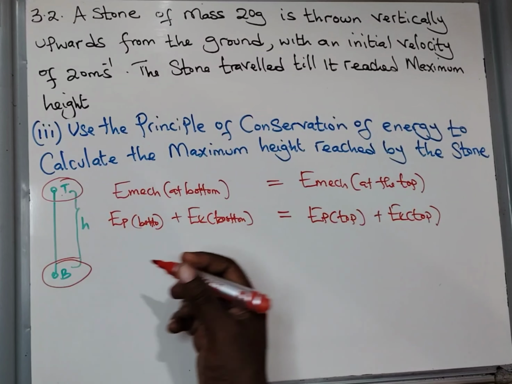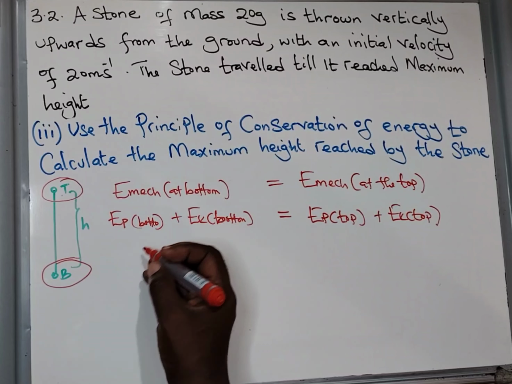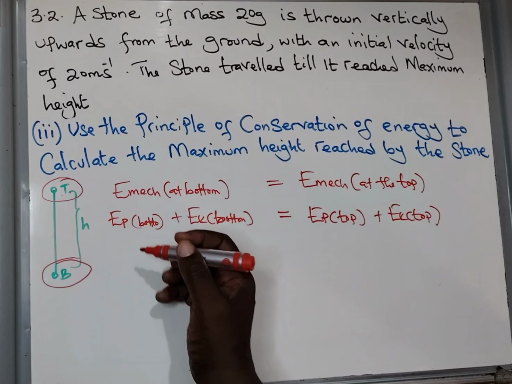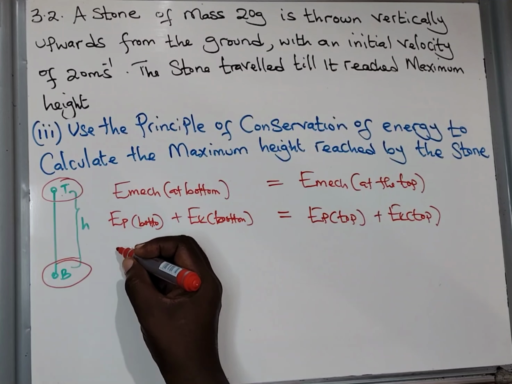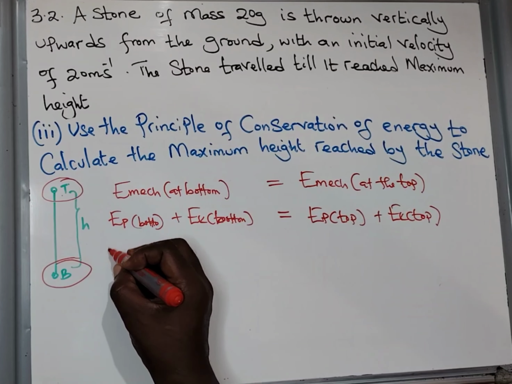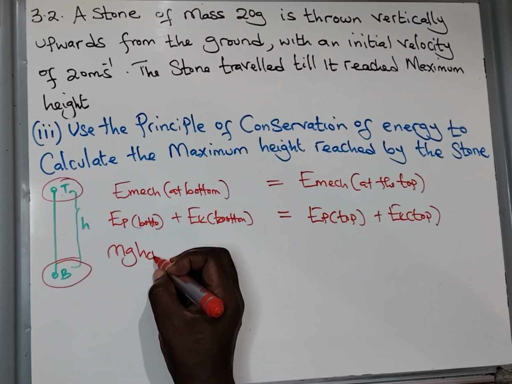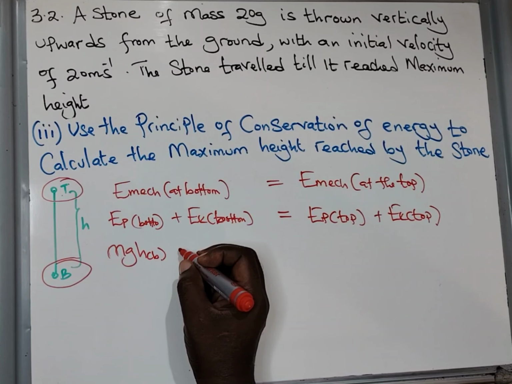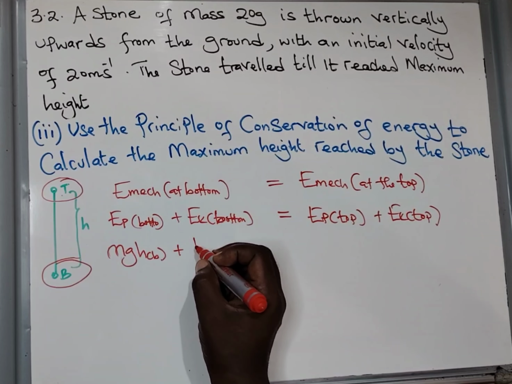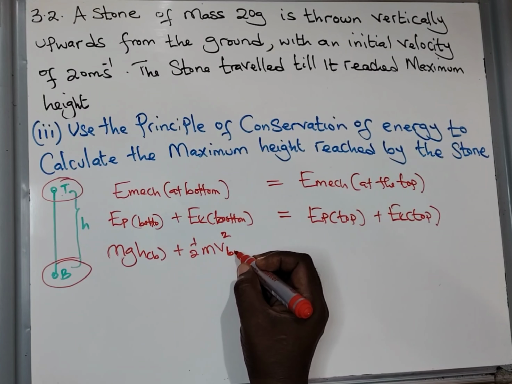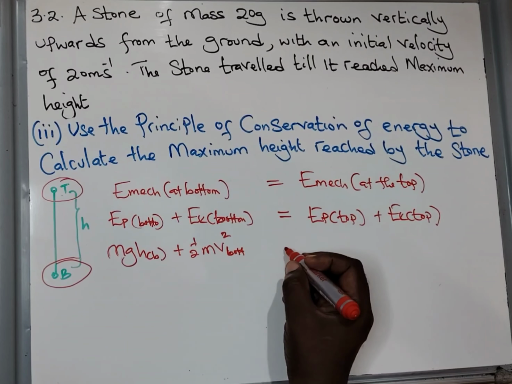And what is EP bottom? It simply means the potential energy at the bottom given by mg h bottom, and EK is given by a half m v bottom squared.